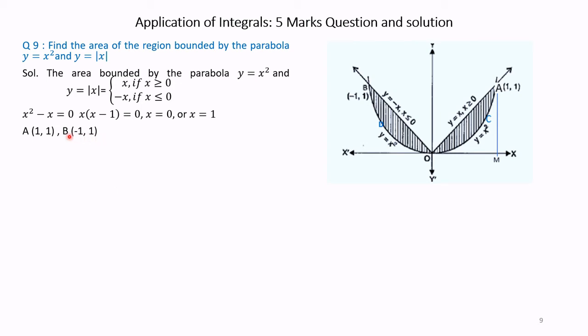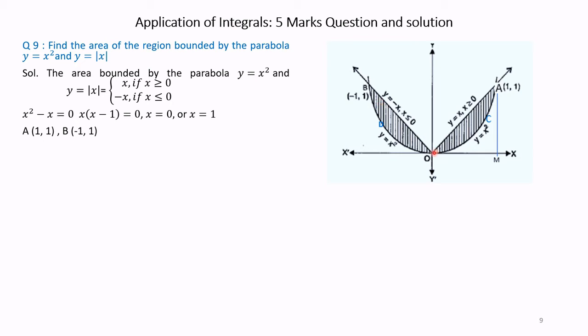These points are marked in the graph. This is y is equal to x square, a parabola, an upward parabola, in both the first quadrant and the second quadrant. This is the parabolic equation. This represents y is equal to x square. Then there is a linear equation, y is equal to mod of x.